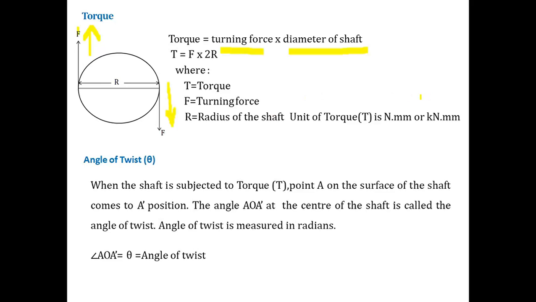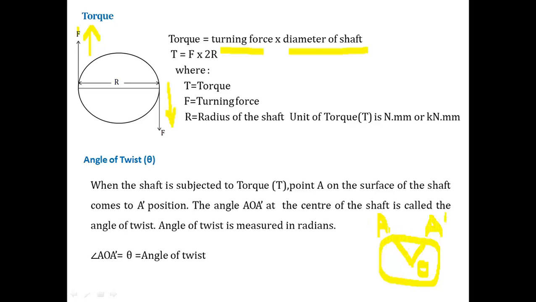Then the next term, angle of twist. What is angle of twist? Suppose this is the cross section of a shaft, O is the center of the shaft, and there is a point A. During the torsion, this A is displaced to A dash.